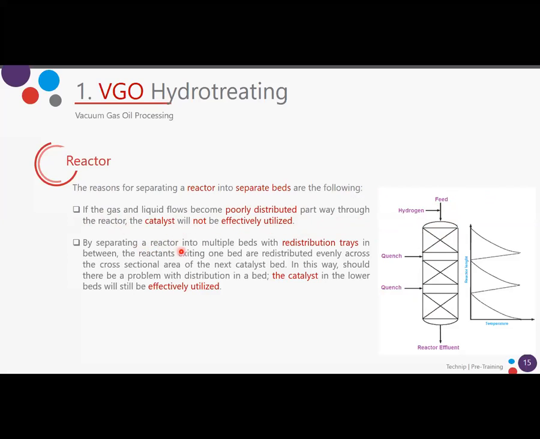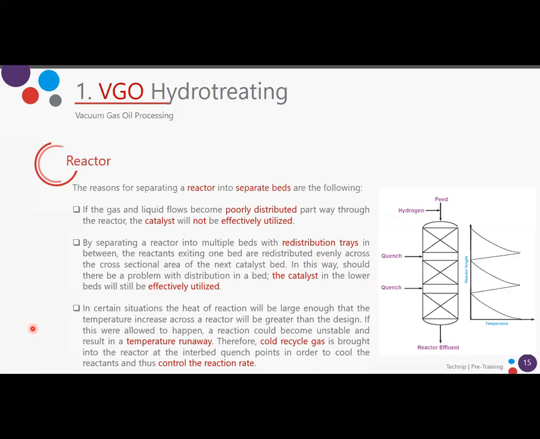By separating a reactor into multiple beds with redistribution trays in between, the reactants exiting one bed are redistributed evenly across the cross-sectional area of the next catalyst bed. In this way, if you have a problem with the distribution in one bed, the catalyst in the lower bed will be effectively used. These redistribution trays are special pieces of equipment that ensure an evenly distributed flow to the following bed, okay?